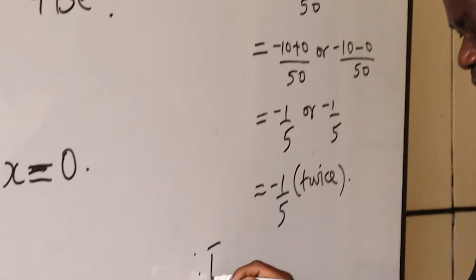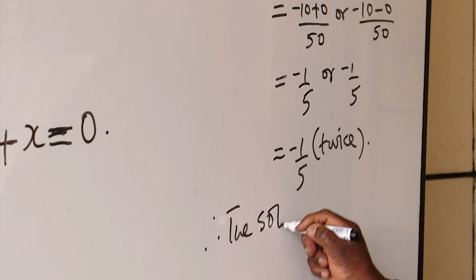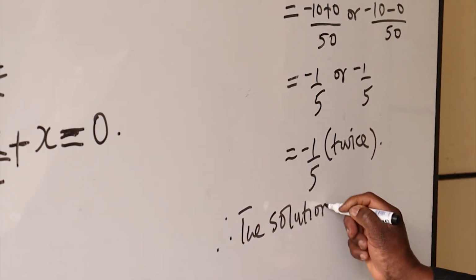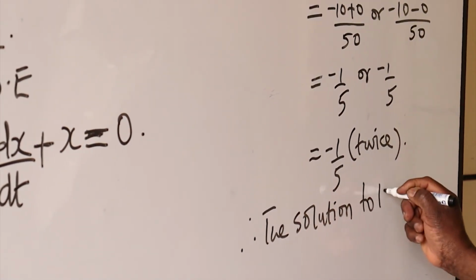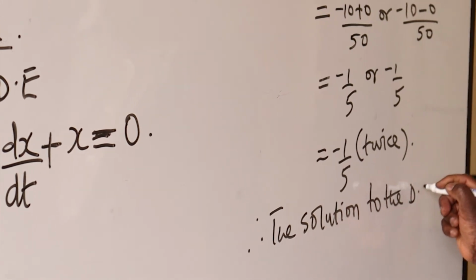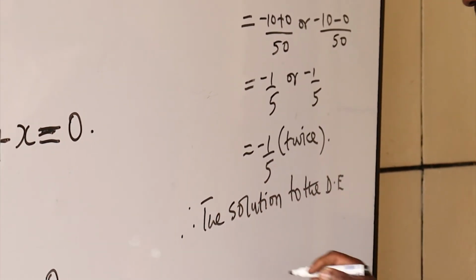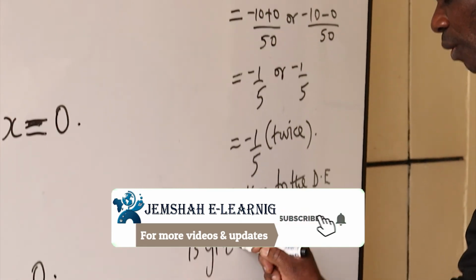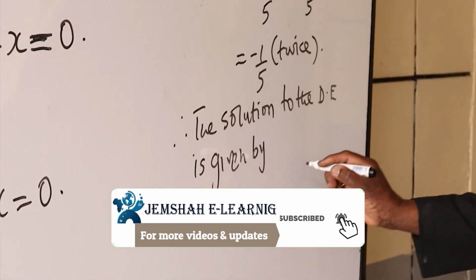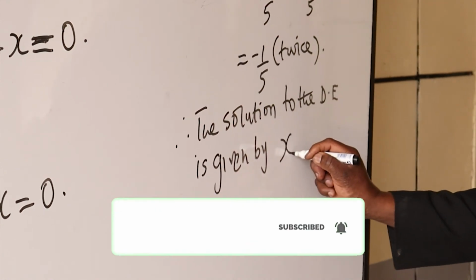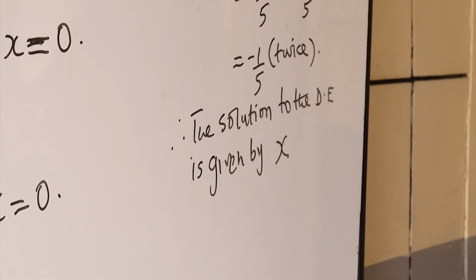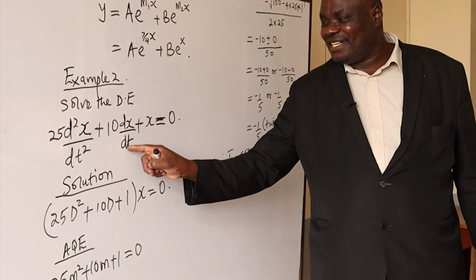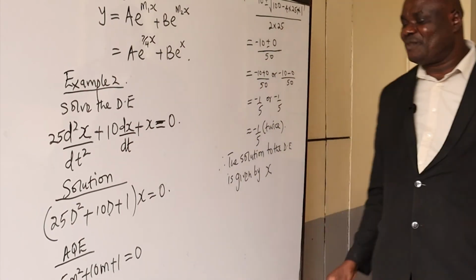Therefore, the solution to the DE is given by: we are solving for x here, not for y, because x is a function of t.